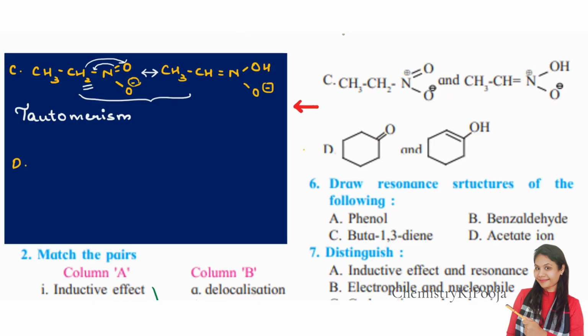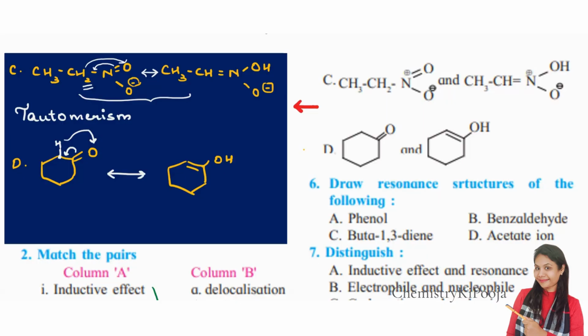Let us proceed ahead with D. Now again in D, here we have an OH group. So again, I can see it is an example of tautomerism. Okay, if I simply shift this hydrogen from this carbon towards the oxygen, definitely the double bond will get shifted and then we will be getting this structure, right?